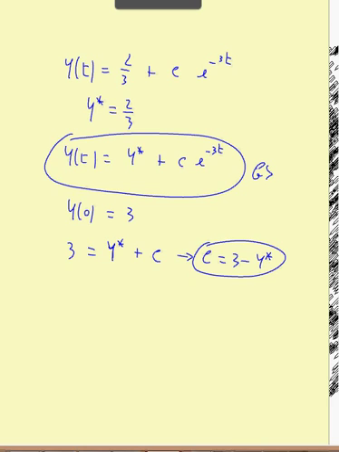Time, y of t starts from 3 at time 0, the equilibrium condition is 2/3, and the dynamic is this. We will converge toward the equilibrium condition as time goes to infinity. So our equilibrium condition is stable.